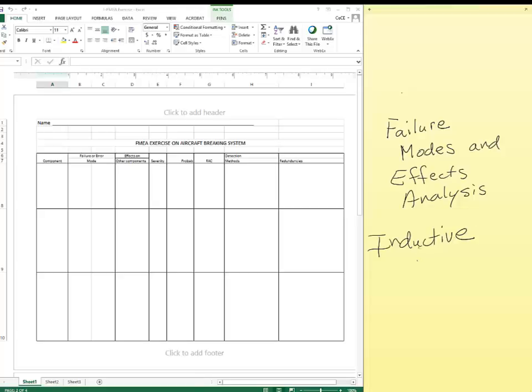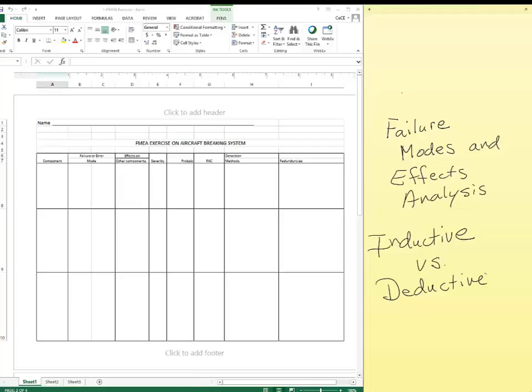And if you recall, inductive versus deductive, deductive means that we look at failure first and then look at what might cause it. An example of a deductive system is a fault tree, which we will have later. But today we're going to look at an inductive system.